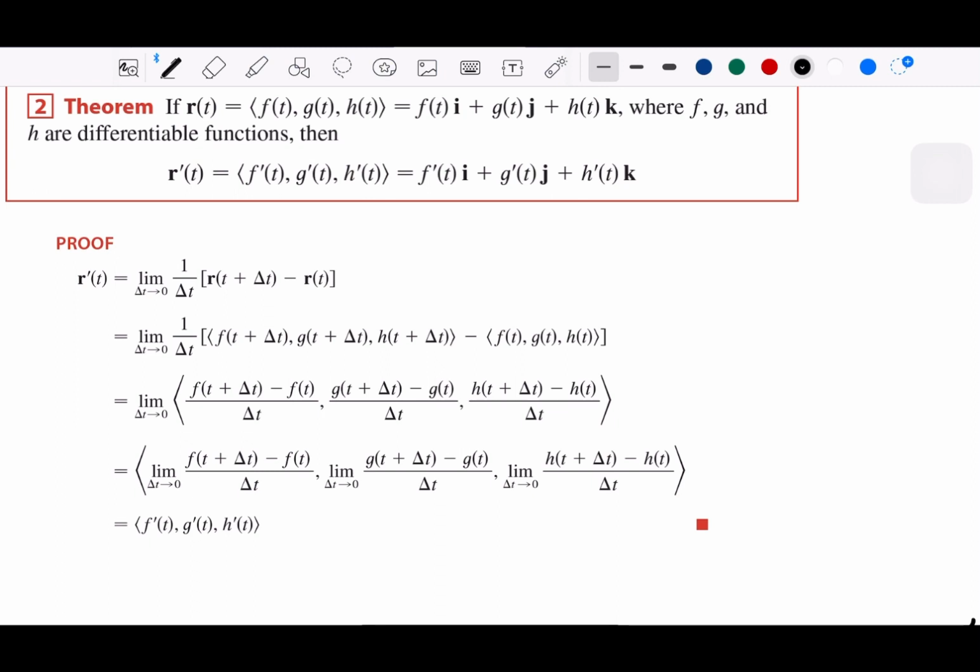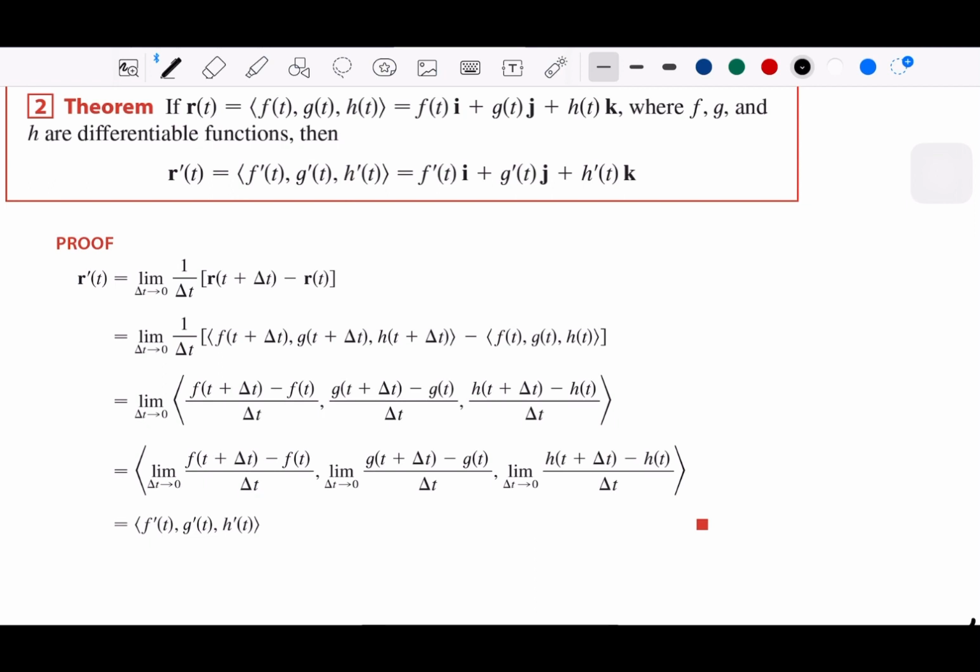So we say that we are able to take t plus some additional small distance, h or delta t, and we take delta t to be 0, and then basically we break down all these components into f, g, and h.